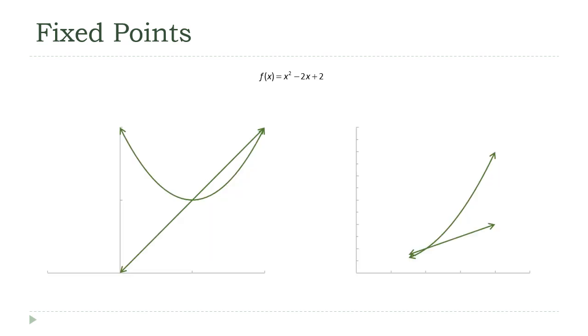To get an idea of what's going on here, let's go back to the graphical version. On the left-hand side, I want to look at what happens when we start at x equals 0.5. When x equals 0.5, we get that y value of 1.25. That's the value I want to put into the function next. So I go over to the y equals x line, because if y is equal to 1.25, then x is equal to 1.25.